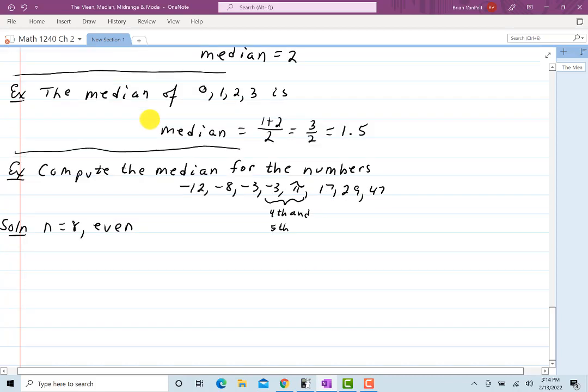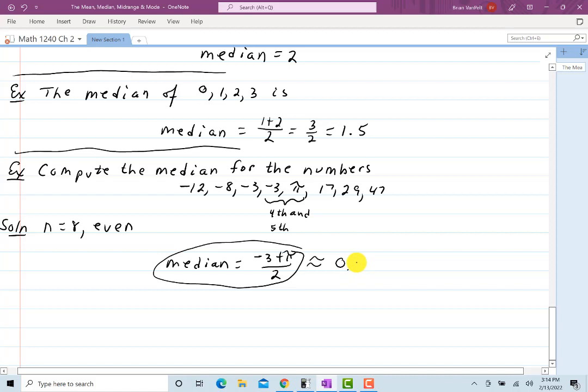So then my median will be the average of those two numbers. So I'll take negative 3 plus pi and divide by 2. If you want the decimal for it, it's approximately 0.071. So unless I specify otherwise, either of these answers would have been fine.